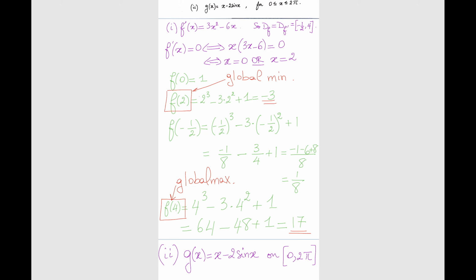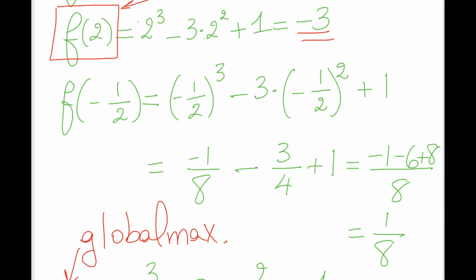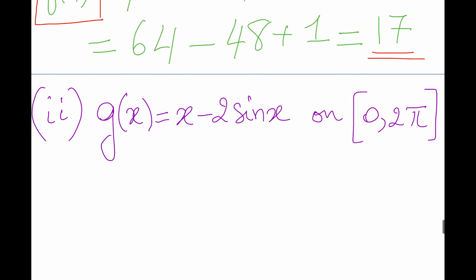Correct? Let's zoom in now. So as before, the question is to find the absolute maximum and the absolute minimum on 0 to pi, which are guaranteed to occur again on that interval by the extreme value theorem.